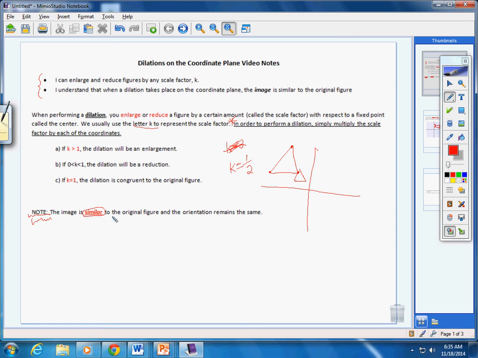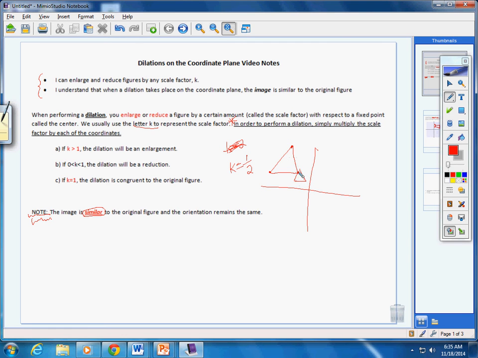The image is similar means it has the exact same angle measures as the pre-image, and it has proportional side lengths. So if this side length is cut in half, this is exactly half of this one. But that also means that this one is exactly twice the length of this one.